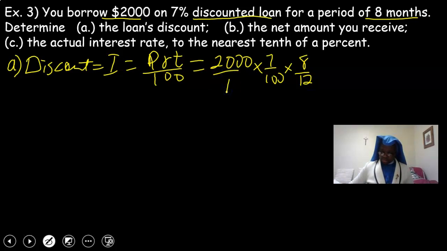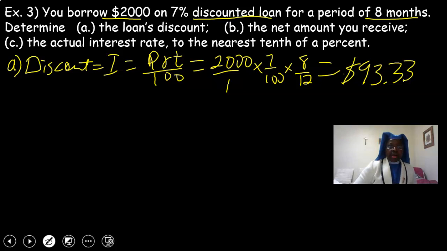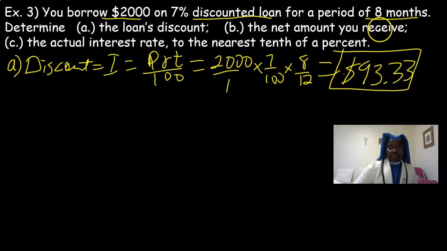And we can go ahead and simplify all of that. So multiply that. So the interest is going to be 93.33. So that's about how much discount the interest is going to make in 8 months.